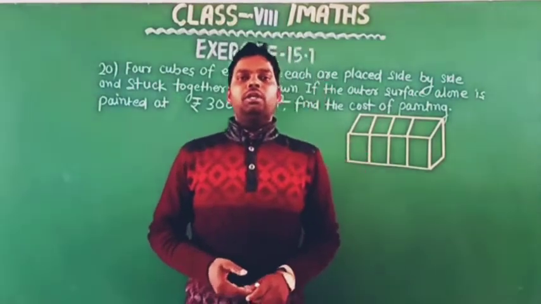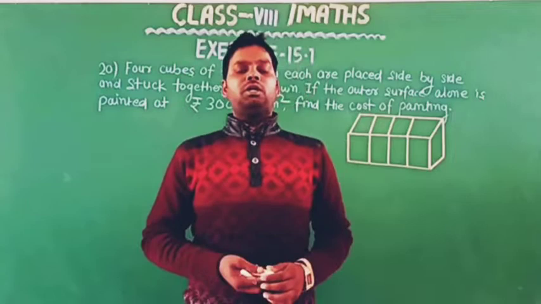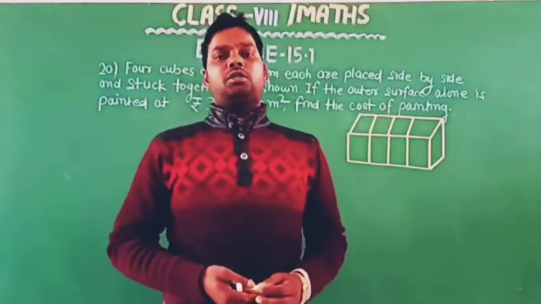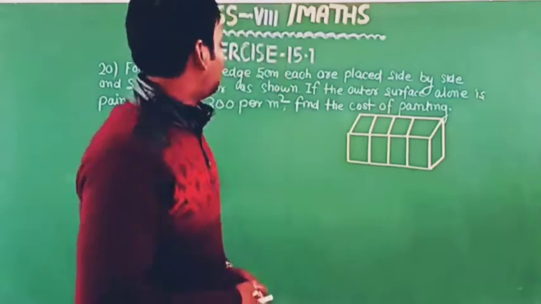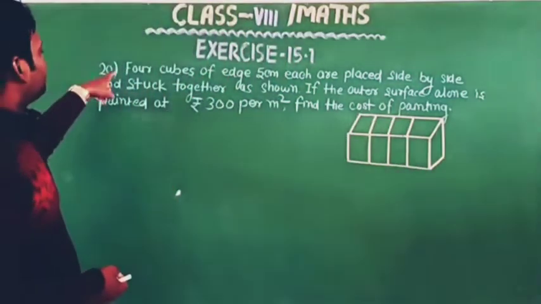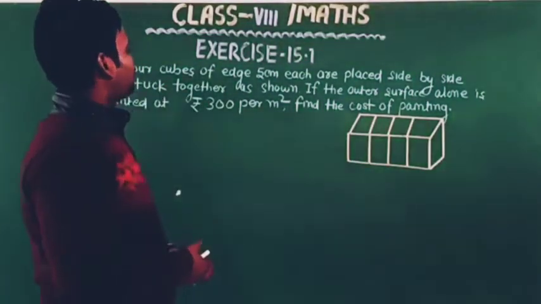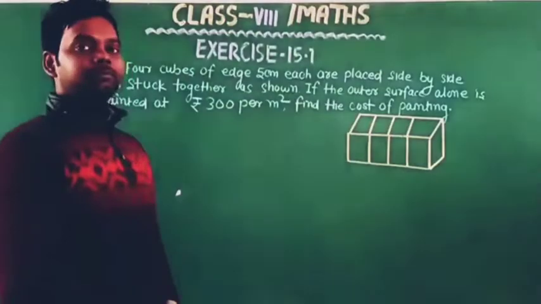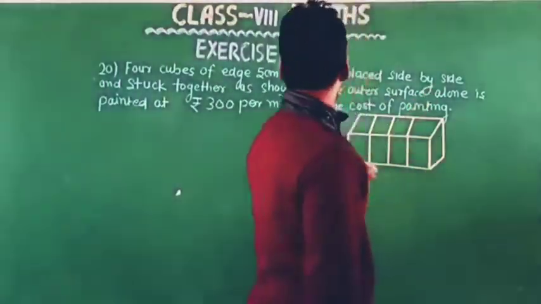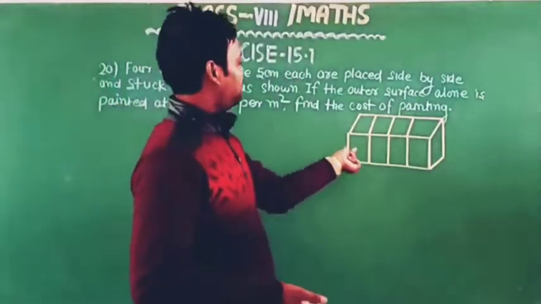Hello student, in this video I will solve exercise 15.1 from volume and surface area, question number 20. In this question it has been said that 4 cubes of 5 cm each are placed side by side and stuck together as shown in the figure.